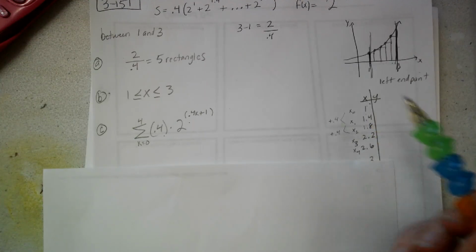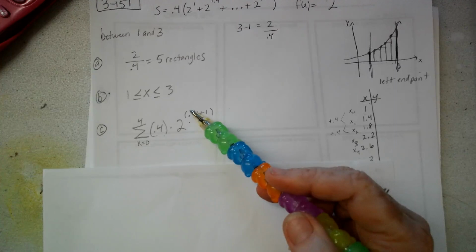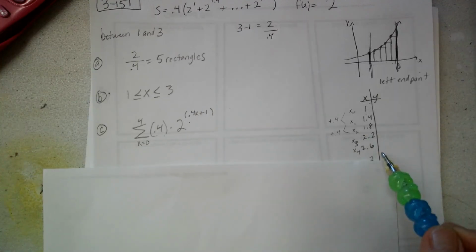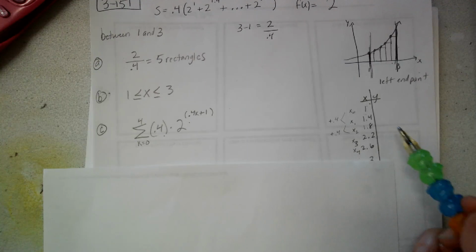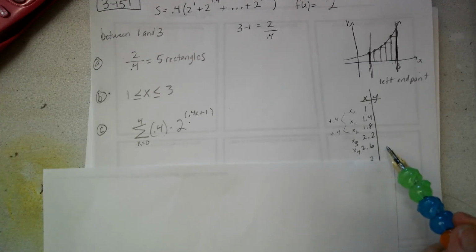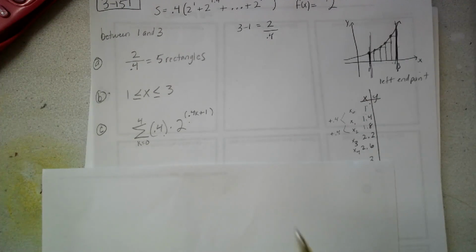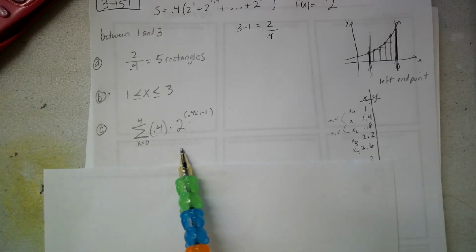And when I raise 2 to each of these x terms, that's going to give me my y values. Now, luckily, they're not asking us to get the sum, so I don't actually have to calculate all these y values and add them all up. I'm just supposed to write this notation here. So that's what that is.